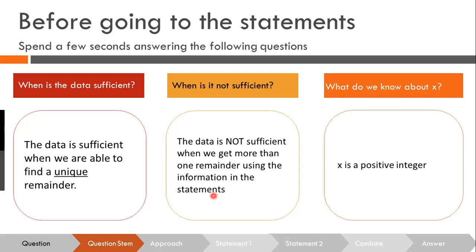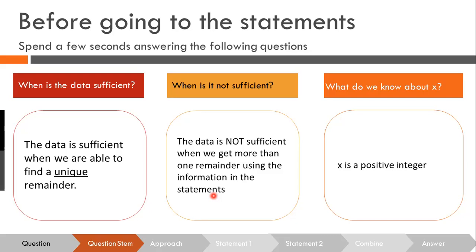So these are the three questions that, before adopting any way to reach the answer, we must ask. When is the data sufficient? The data is sufficient when we can find the desired and required remainder.